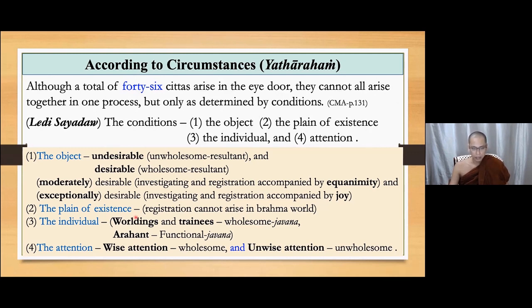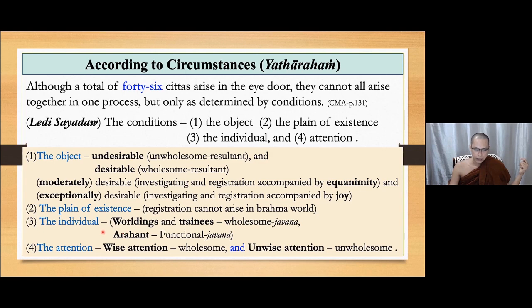That is why if the process arises in the sensual plane of existence, the registration will be included in that process. Then if the process arises in the Brahma world, registration cannot arise. This is how the plane of existence makes the determination for the registration moment.